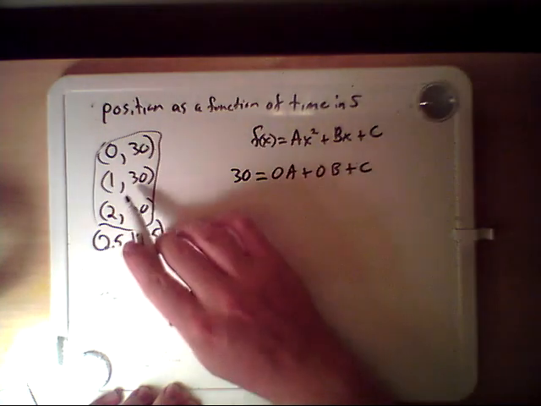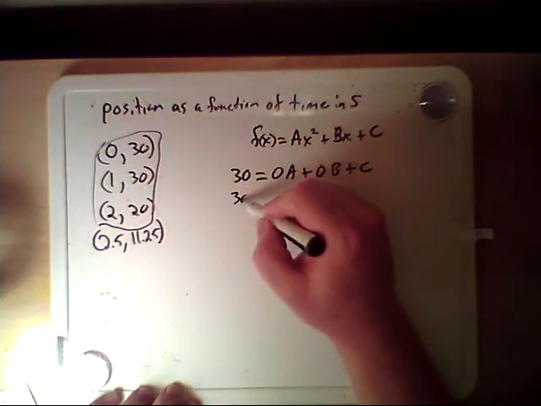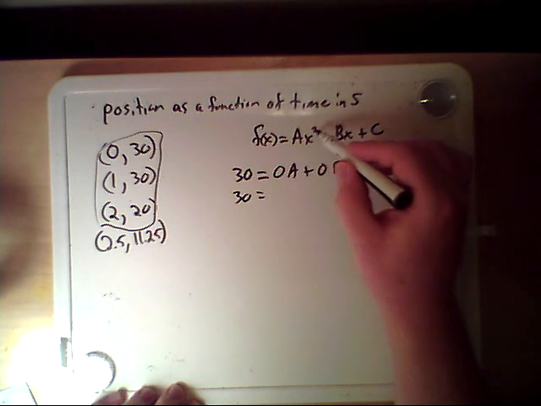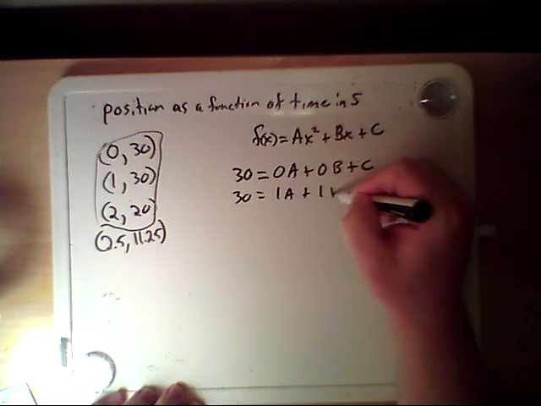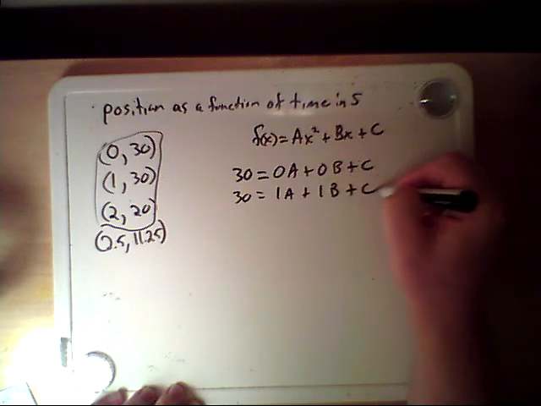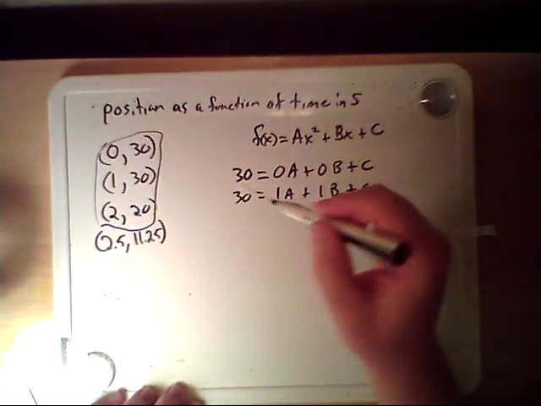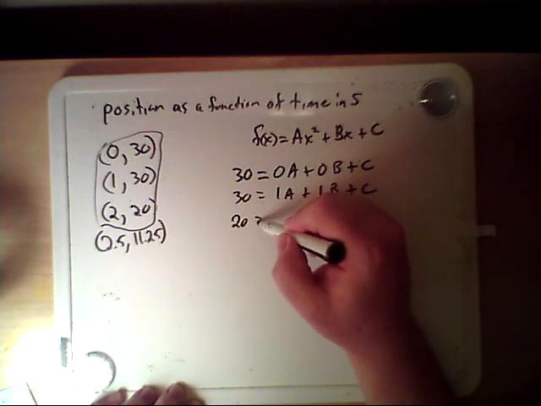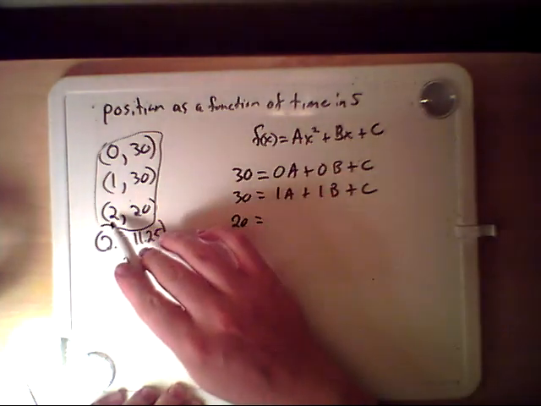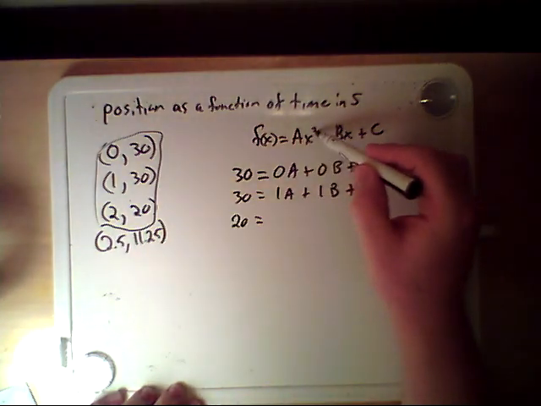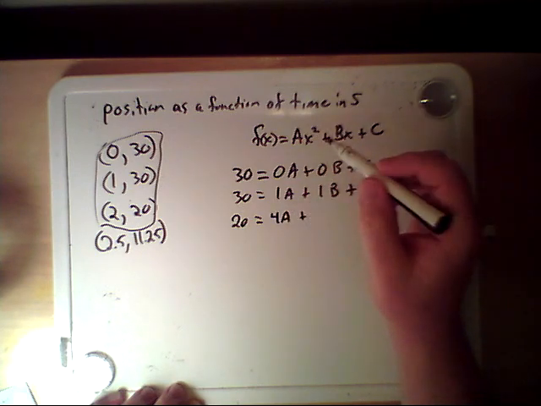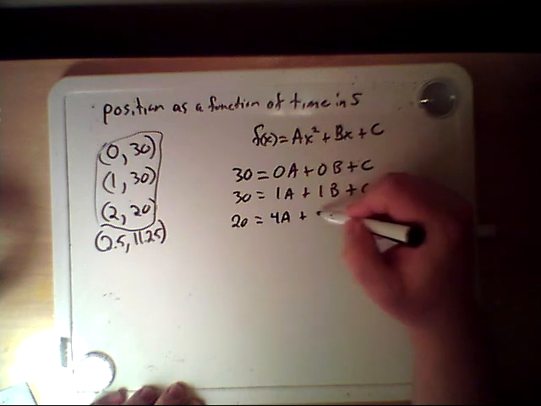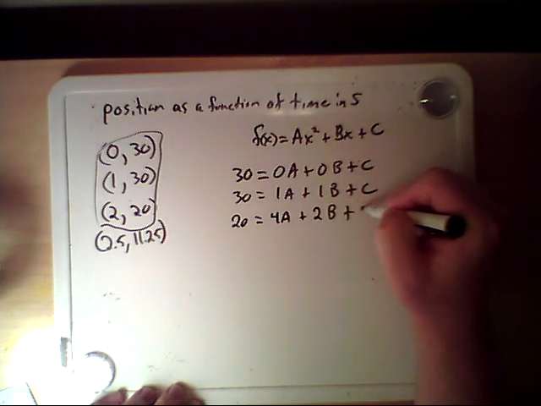And 30 was also the result of 1 squared, which is 1, so 1a plus b times 1, or 1b, plus c. And 20 was the result of 2 seconds of input. So 2 squared is 4, so it'd be 4a plus 2 times b plus c. These are all 1s in front of the c.